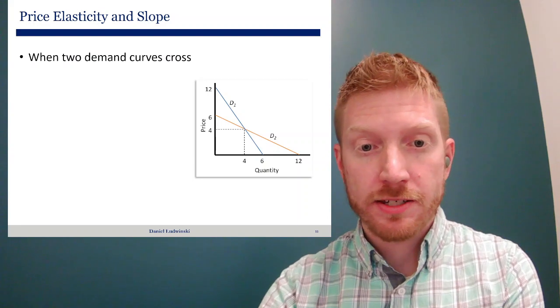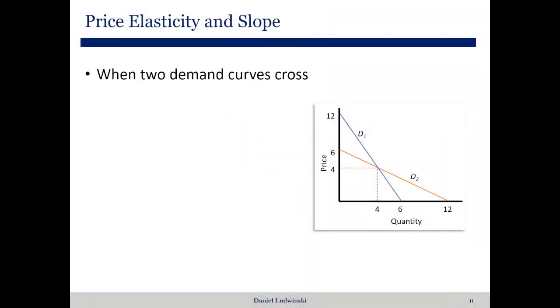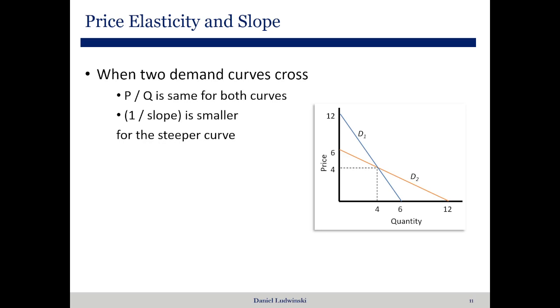Here's what I want to show in terms of that. With this particular setup, we have 2 demand curves that are crossing at this point of a price of 4 and quantity of 4. So they share a point. Price and quantity is the same for both curves. And so the only difference in elasticity is going to come from the slopes.